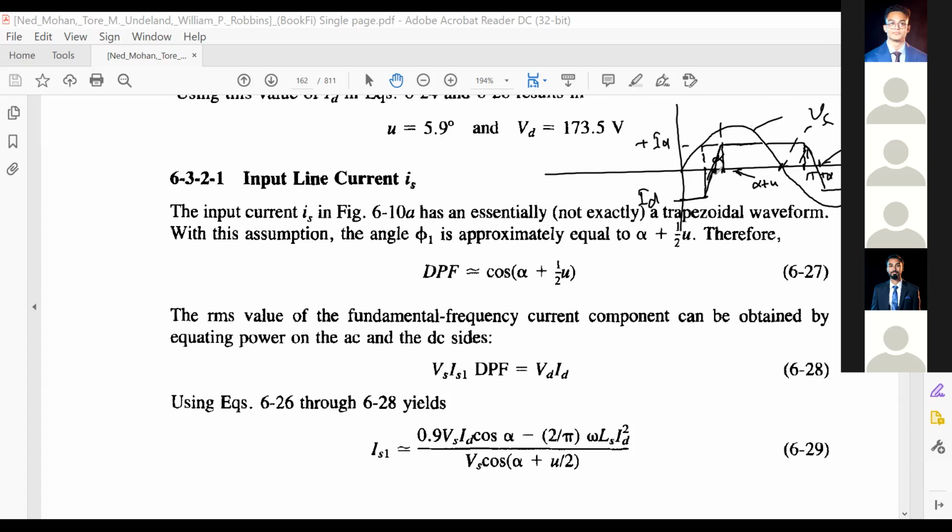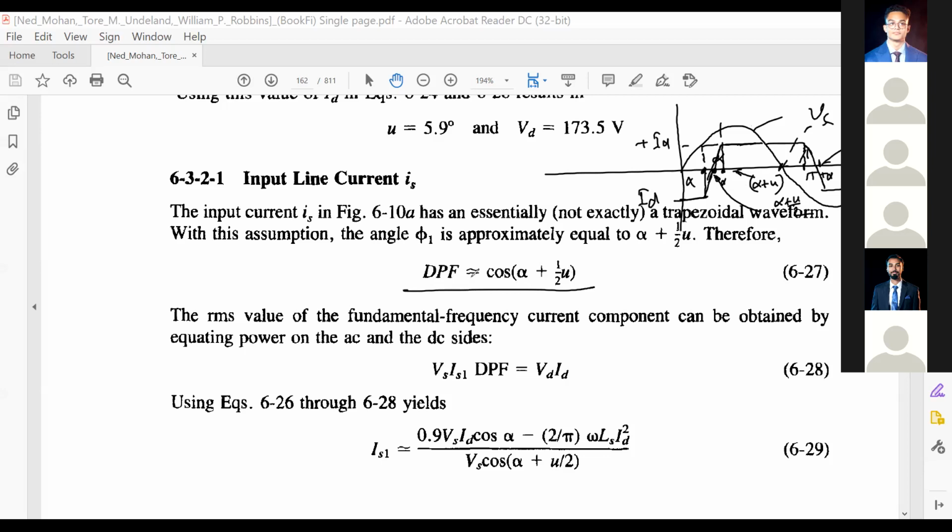And what is this angle? Can anyone tell? This is alpha. But this is your alpha plus u. I have already mentioned. And what is this angle? Alpha plus u by 2. We have already told you the displacement power factor would be cosine of alpha plus u by 2.